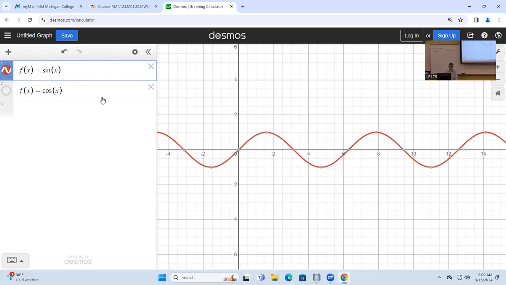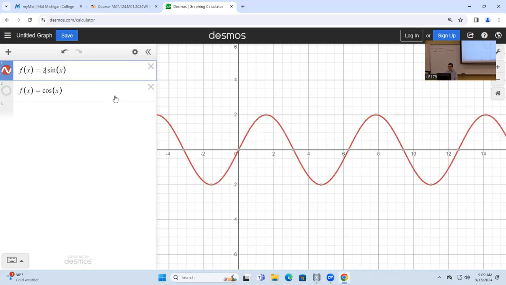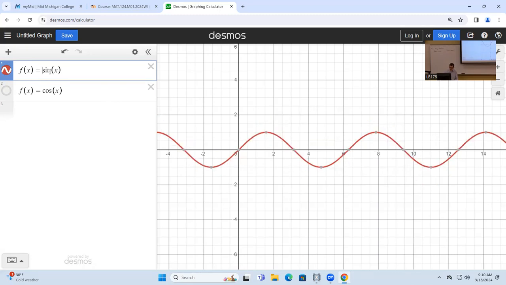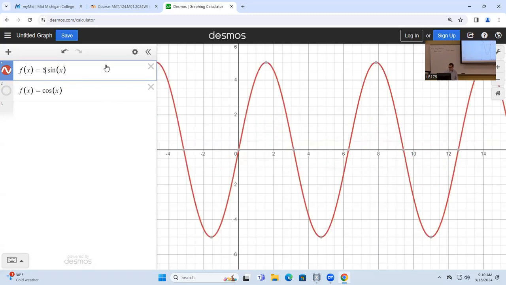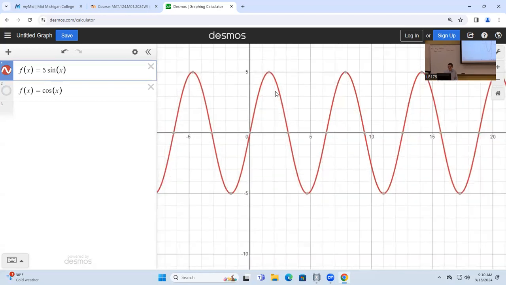But if we put a number out in front, so let's put the number 2. All of a sudden, the high point still stays at x value of pi over 2, but the y value goes up to 2. Does that make sense? And if we did a 5, same idea. That wave just gets bigger.